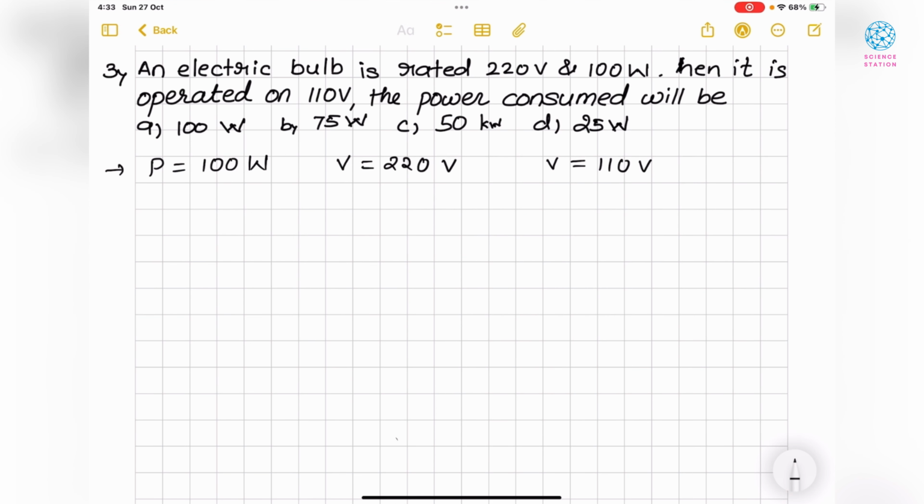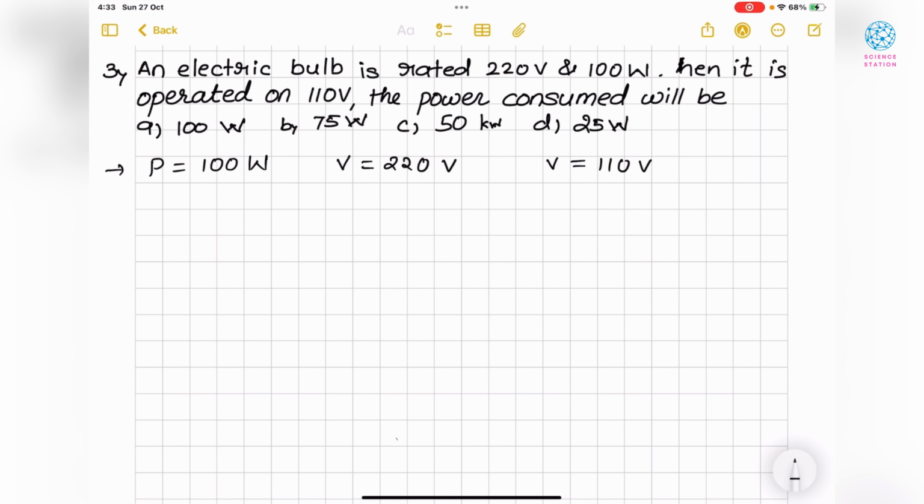Now the third question says an electric bulb is rated 220 volt and 100 watt. When it is operated on 110 volt, the power consumed will be how much? So here power is 100 watt, V is 220 volt and V' equal to 110 volt.